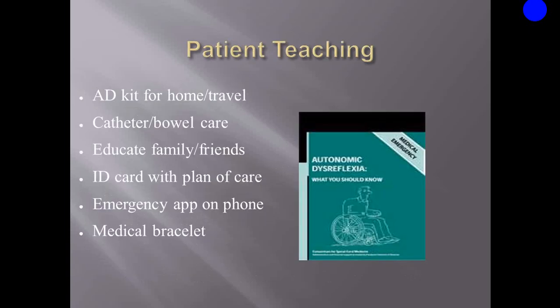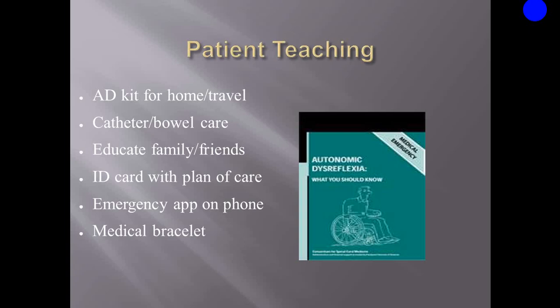Patient teaching is the key for the prevention of this situation. The AD kit for home and travel should be given to the patient: catheter, bowel care supplies. Educate family and friends. The patient should carry an ID card stating that the patient has autonomic dysreflexia or a spinal cord injury above T6, with a plan of care for such situations.